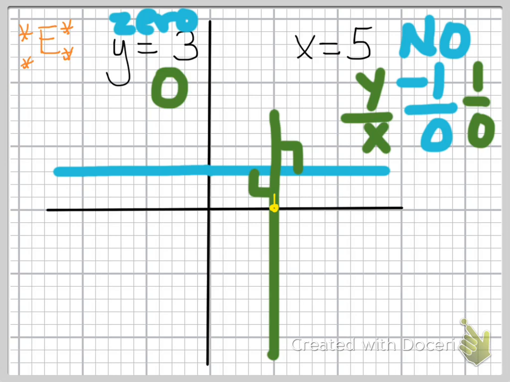So our rise is 1, but we don't move left or right to get to the next point. So we have 0 movement. Well, 1 divided by 0 is an undefined number. So we know that if we have one that is 0 and one that is undefined, these are opposite reciprocals. So they are perpendicular lines. So this is one of those tricky special cases you need to pay attention to.